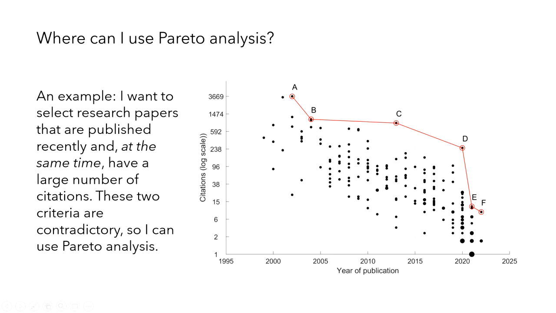So what I can do instead is collect a lot of papers and look at their bibliometrics and plot the graph and calculate the Pareto front and see which papers are on the Pareto front and start with those. Those will be the compromise between the highest citation and the year of publication.